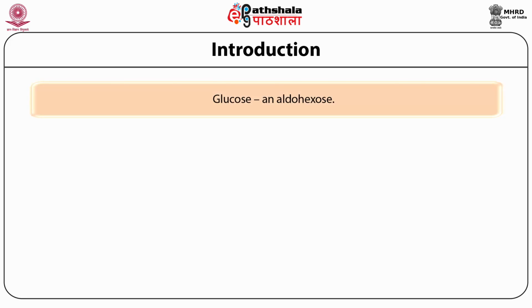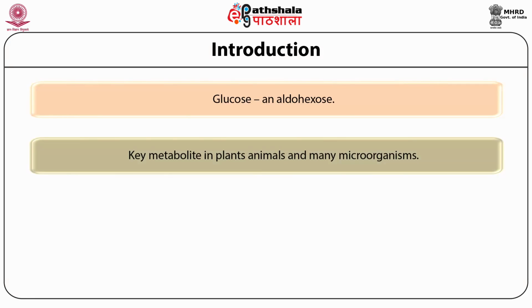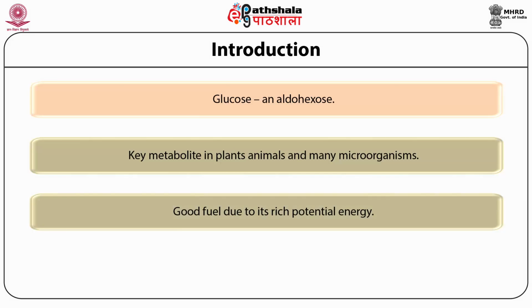Glucose basically is an aldohexose which acts as a key metabolite in many plants, animals, and microorganisms. In some microorganisms, it is the only source of energy. It is a good fuel due to its rich potential energy.